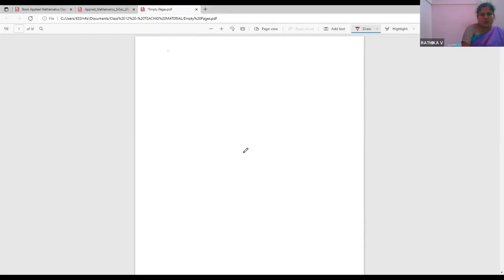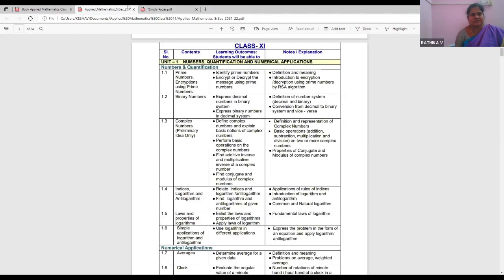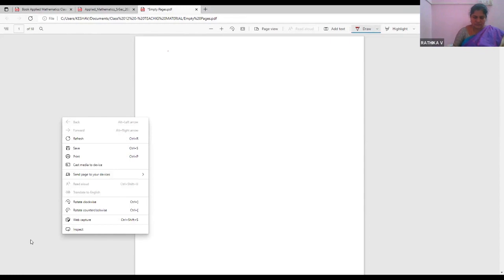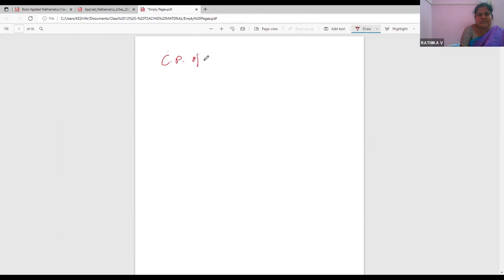I will just write the formula. First we have the cost price of the dearer ingredient equal to rupees 90 per kg, and the CP of the cheaper ingredient is rupees 60 per kg.